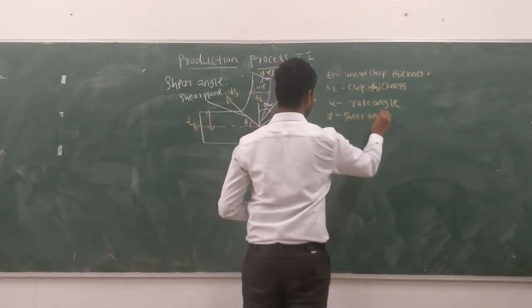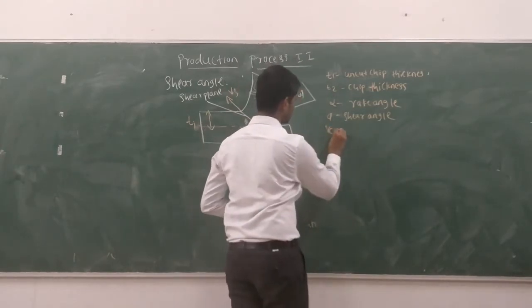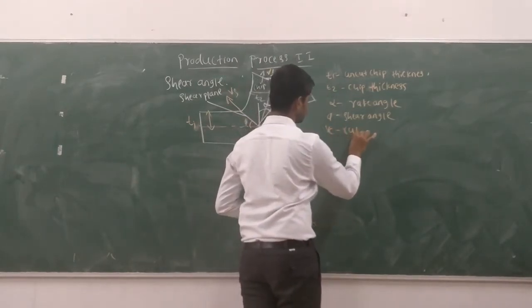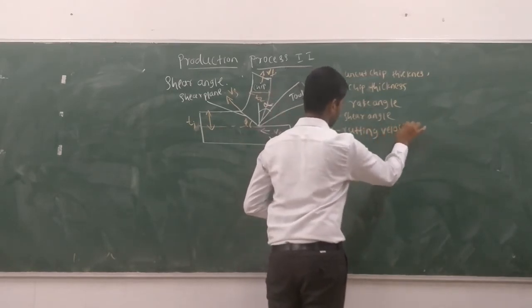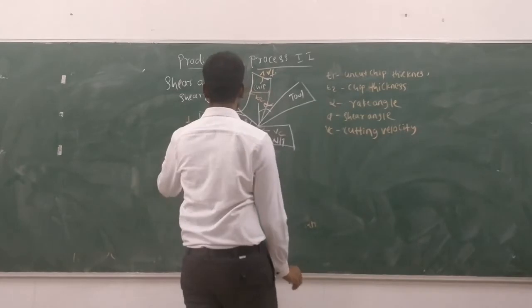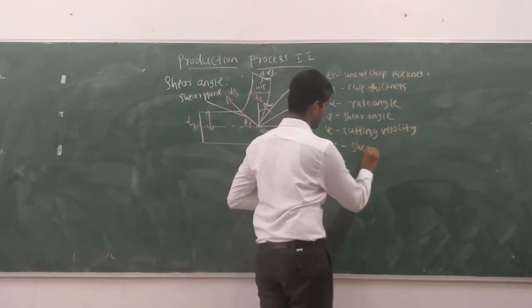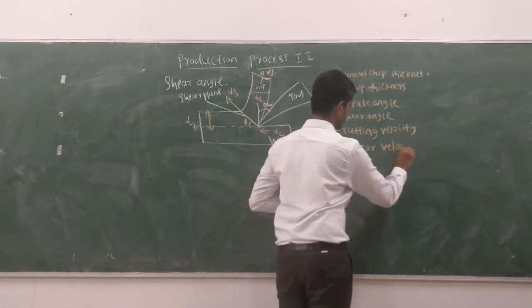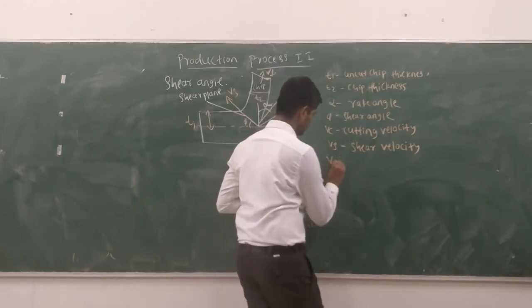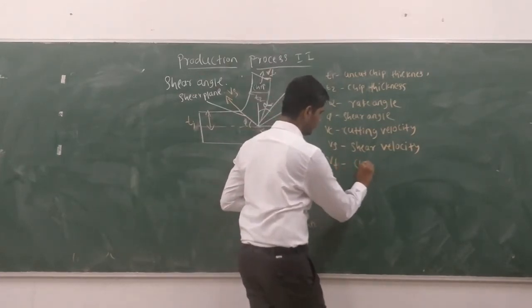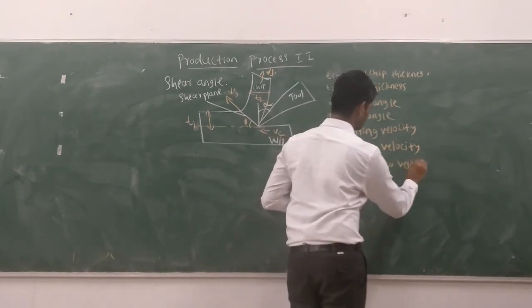VC is cutting velocity, VS is shear velocity, and VF is the chip flow velocity.